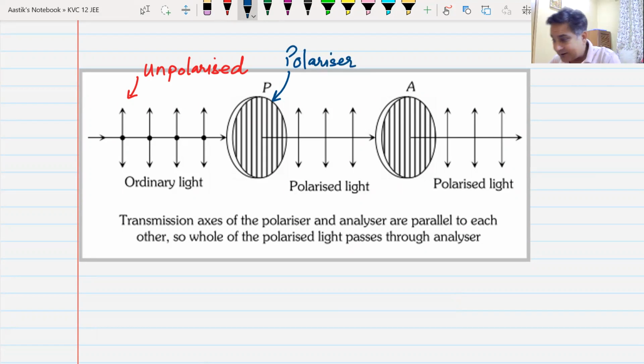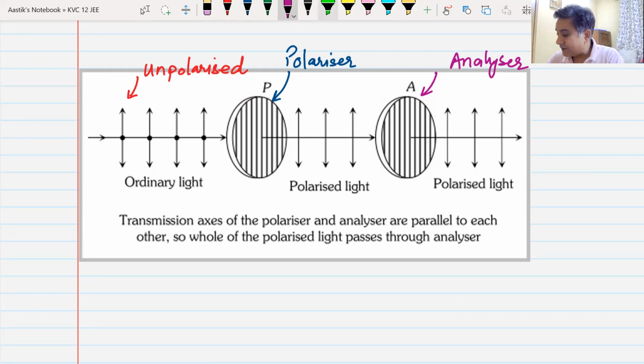The second Polaroid analyzes whether the light has been polarized or not, so the second one is known as the analyzer, A. The first Polaroid, which is falling in the path of unpolarized light, is known as polarizer.